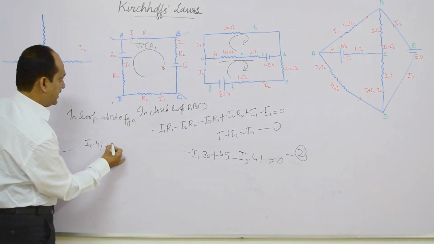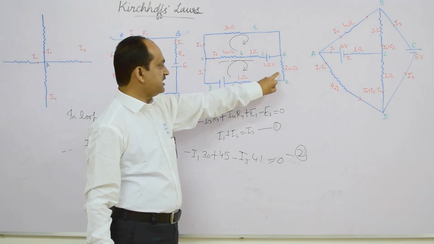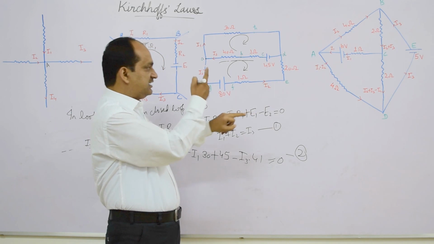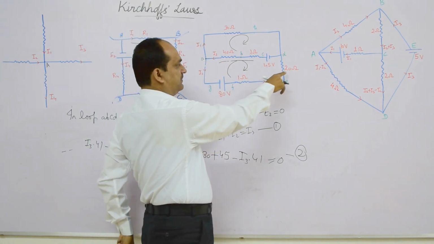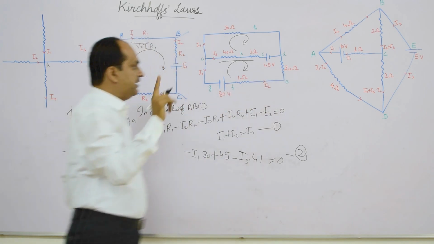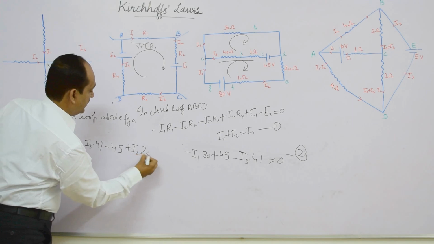So we can write minus 45, and then we are moving here. Here the current is I2 and that is in anti-clockwise direction, so I2 multiplied by 20, that should be positive, plus I2 into 20.